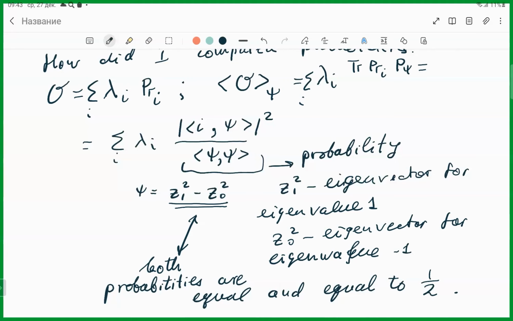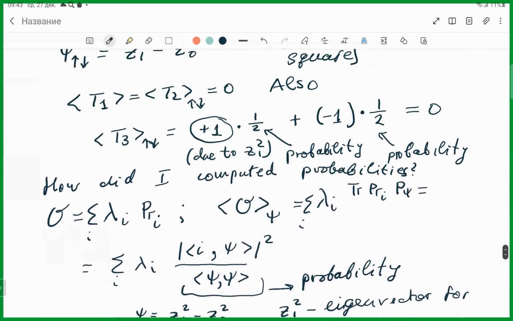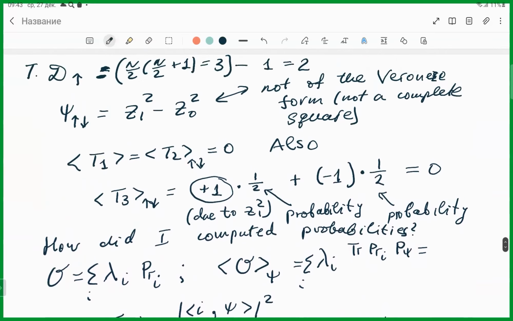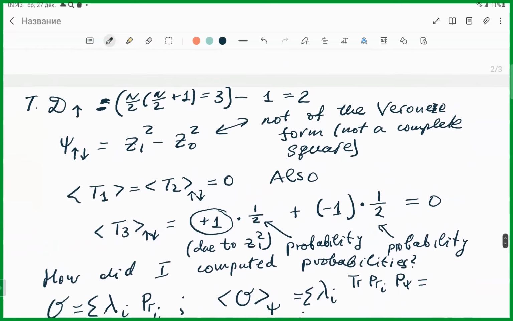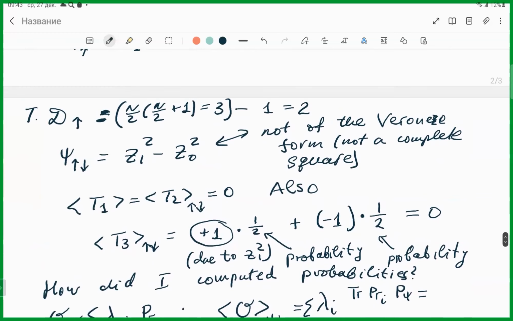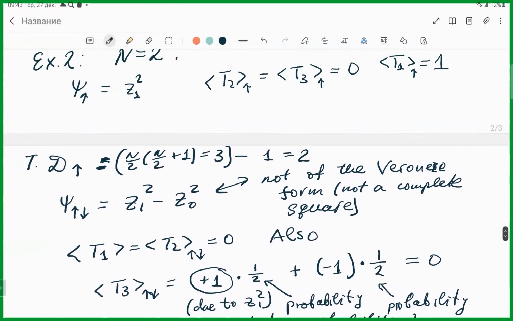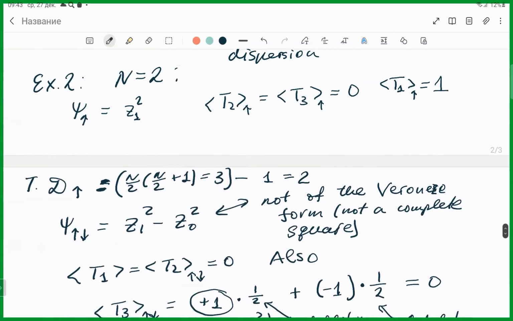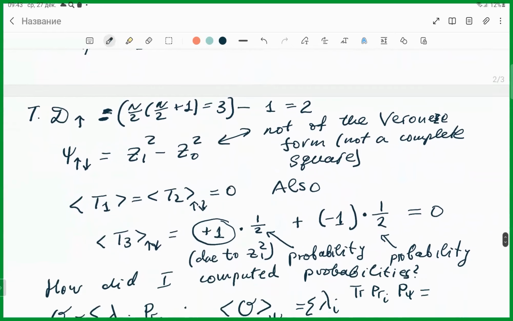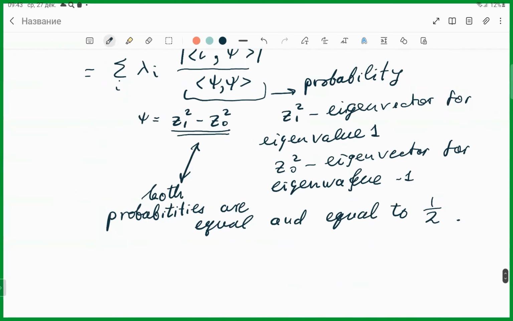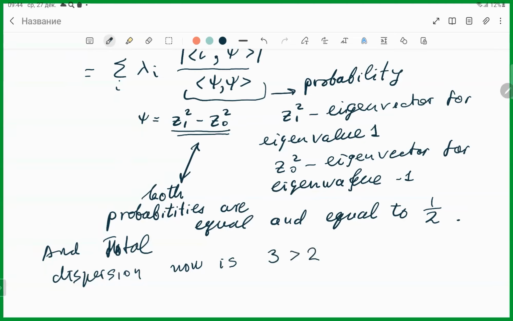In this way, I computed the probability. And I see that the dispersion is, and total dispersion now is 3, greater than 2.